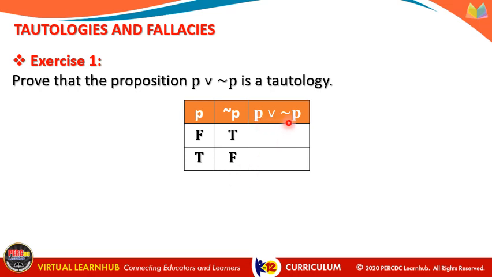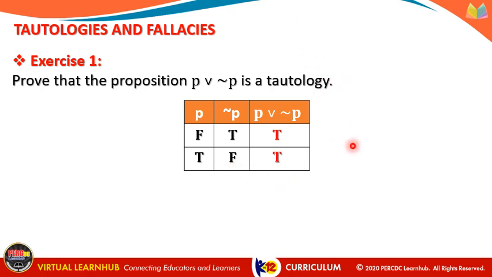Now, let us perform this proposition. Let us take the disjunction of P and not P. False or true will give us true. True or false will give us true.